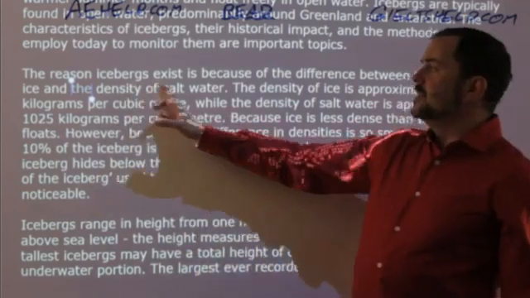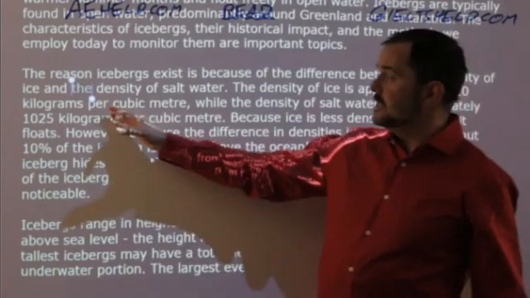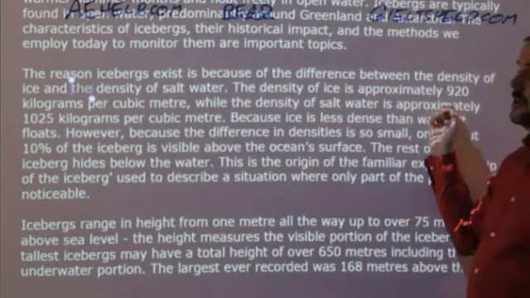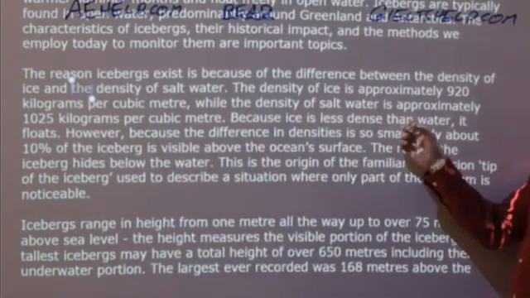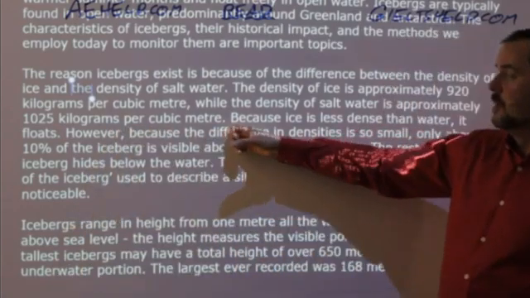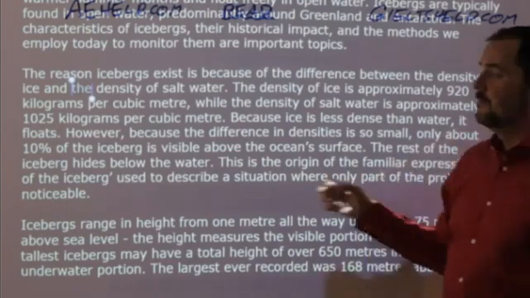The reason icebergs exist is because of the difference between the density of ice and the density of salt water. The density of ice is approximately 920 kilograms per cubic meter, while the density of salt water is approximately 1,025 kilograms per cubic meter. Because ice is less dense than water, it floats.